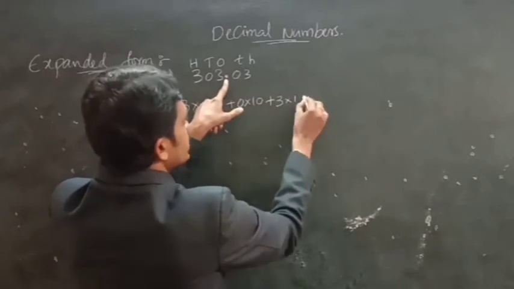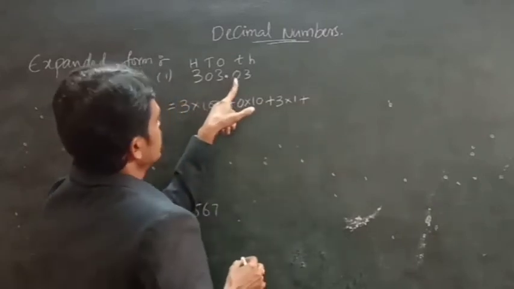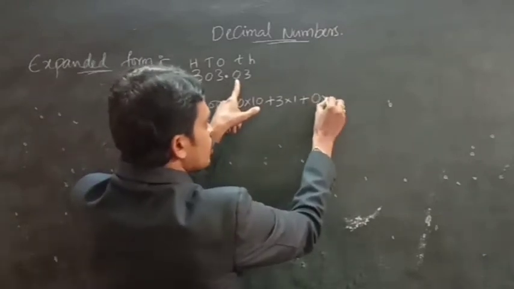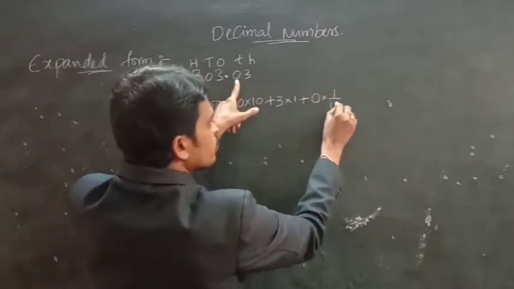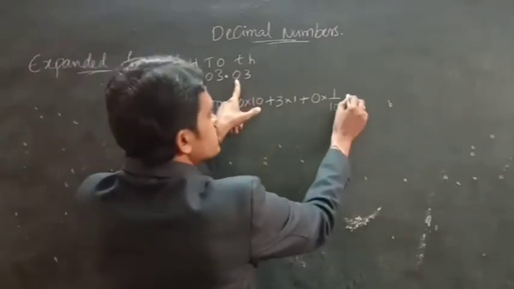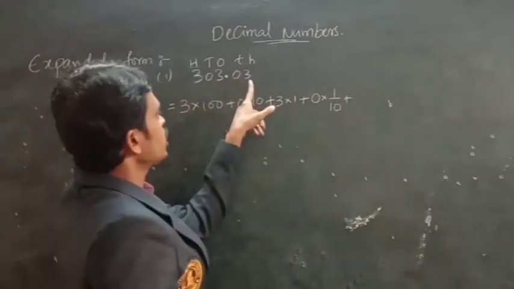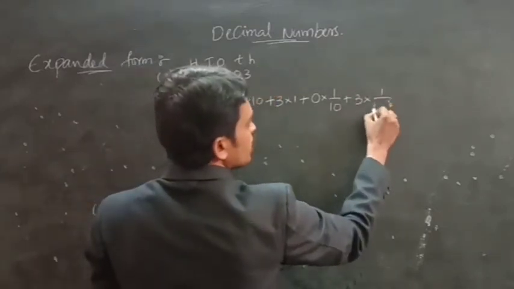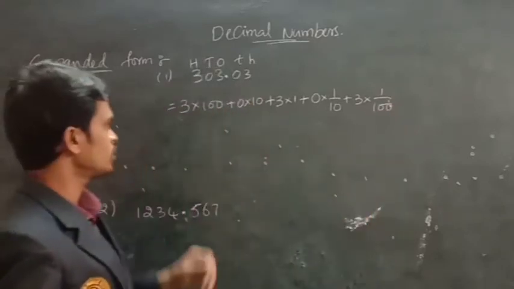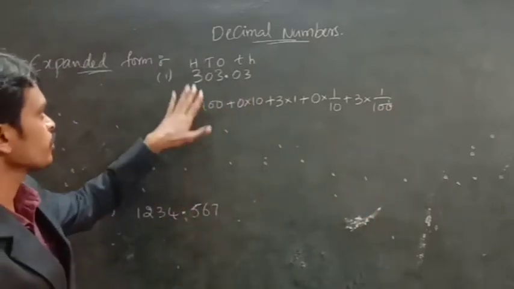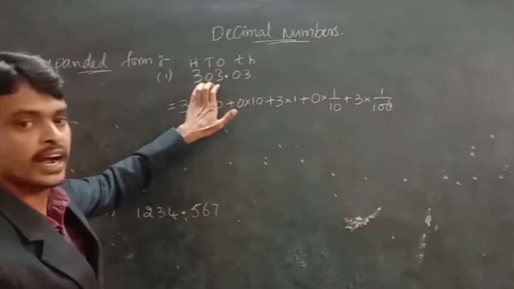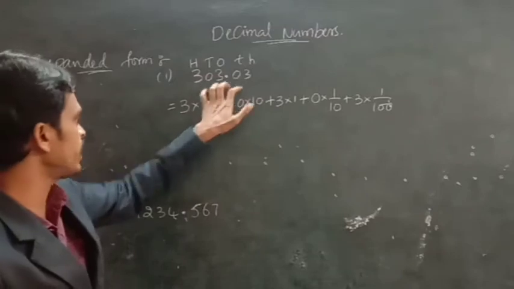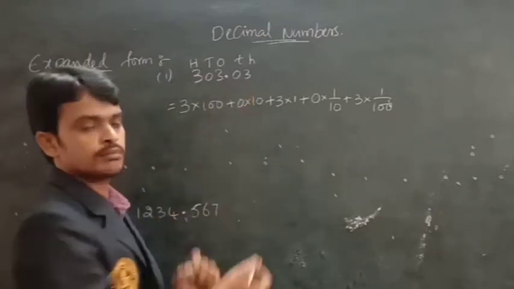Next, after this plus, the 0 is in the tenth place. By using place value, we will expand these decimal numbers.